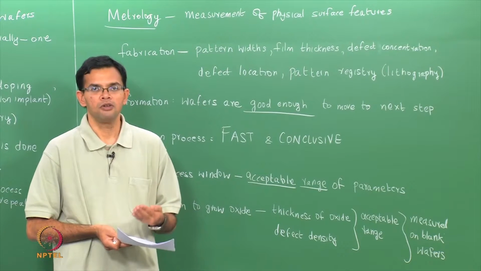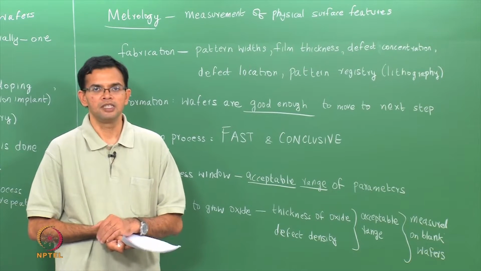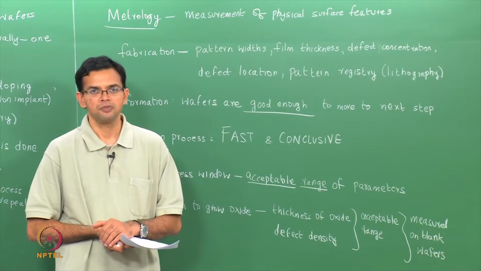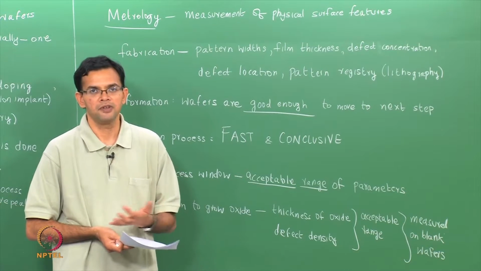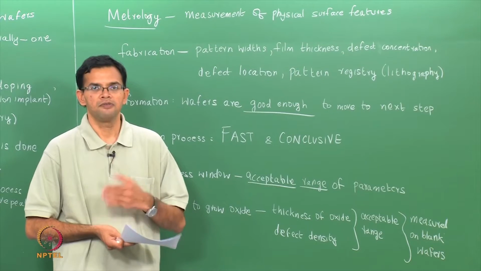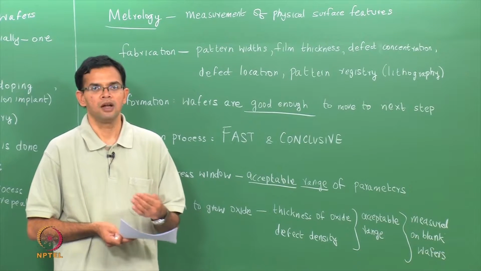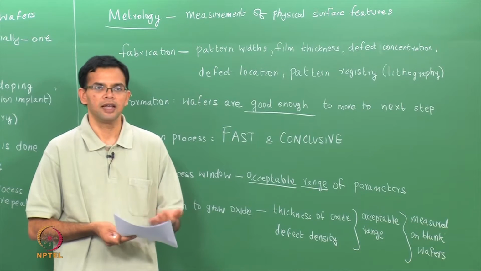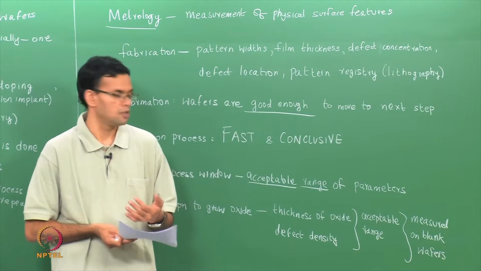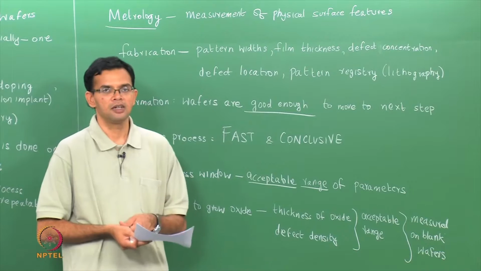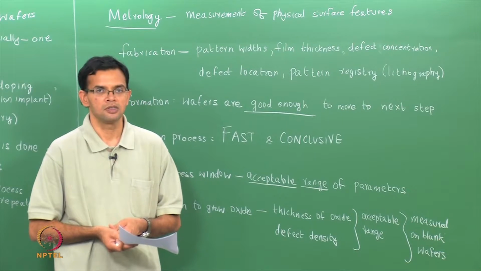So, if you think about a furnace operation with say 125 wafers, typically 100 wafers are product, so that if the furnace operation goes bad, we would essentially scrap 100 product wafers, which will again lead to increased cost. So, that is the one drawback if you have a batch process.